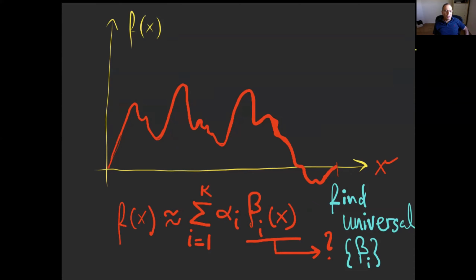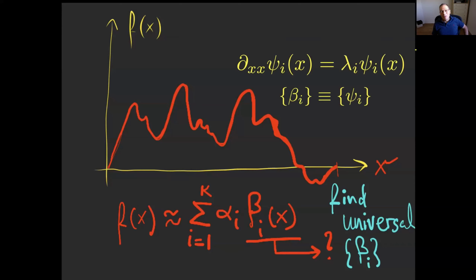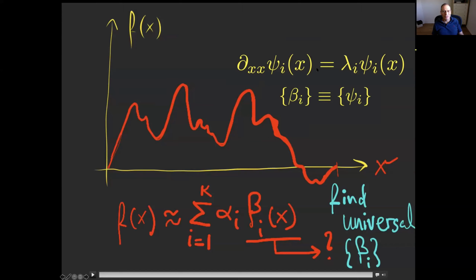Now, if the only thing that you know about this F is that its Dirichlet energy is bounded, I mean, in some sense that it is smooth, that the second derivative of this function, if you integrate it, is smaller than some constant, then Chaim Brezis, our dear colleague, who now spends a little bit of time with us, showed us that the optimal basis would be nothing but the harmonics. You just take the second order derivative and look for the eigenfunctions, and what you get are the Fourier basis, if we assume periodic boundary conditions, or the harmonics in the general sense.